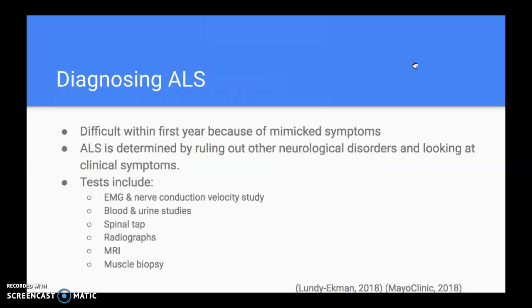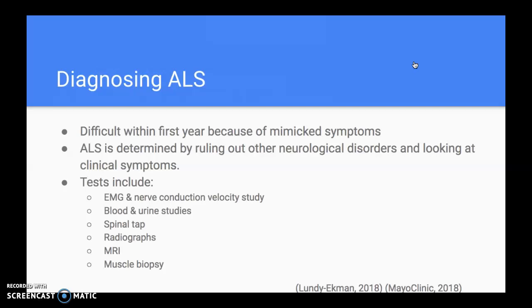Diagnosing ALS is actually very, very difficult to do within the first year because many of the signs and symptoms mimic signs and symptoms of other neurological disorders and conditions. So ALS is actually diagnosed by ruling out other neurological disorders, looking at the clinical symptoms.